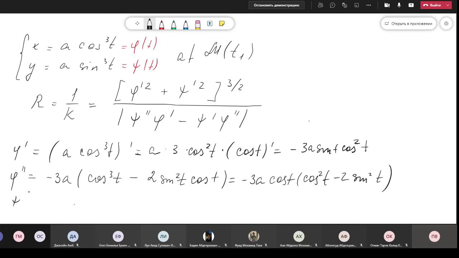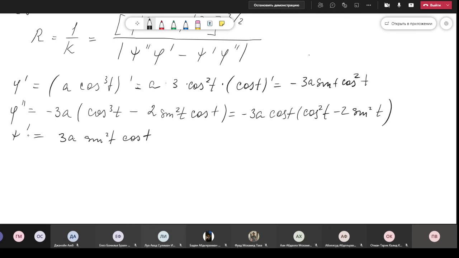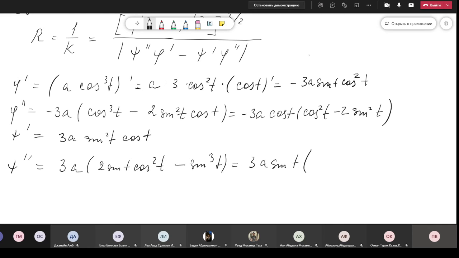Then psi prime is y prime, 3a sine squared of t cosine of t, and our second derivative is 3a sine of t times 2 cosine squared of t minus sine squared of t. Good.